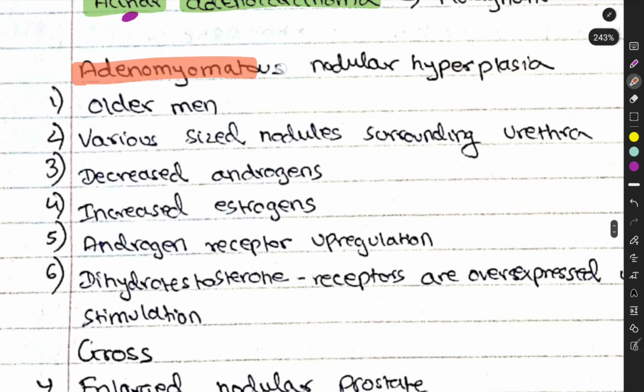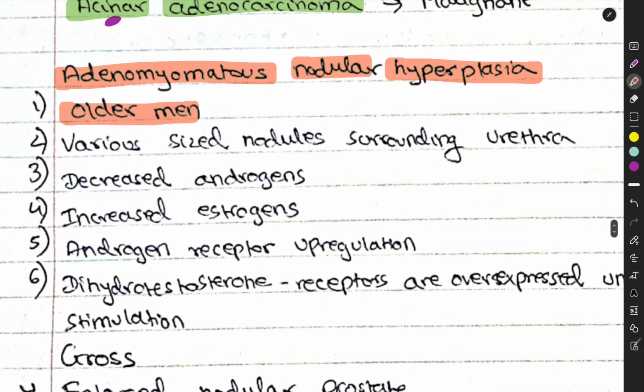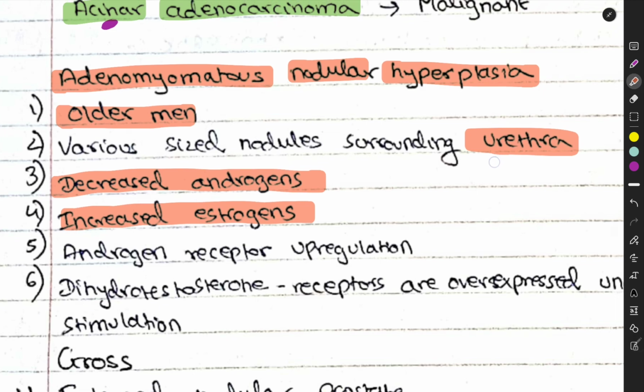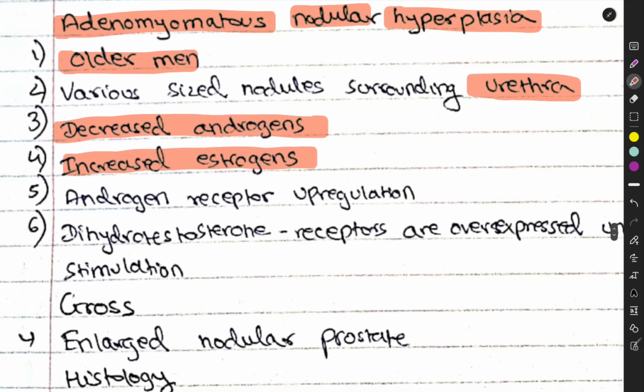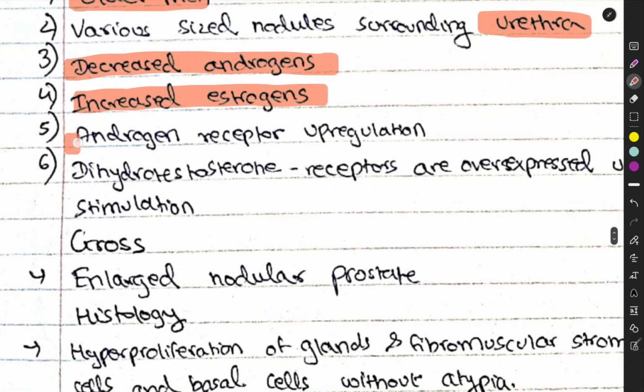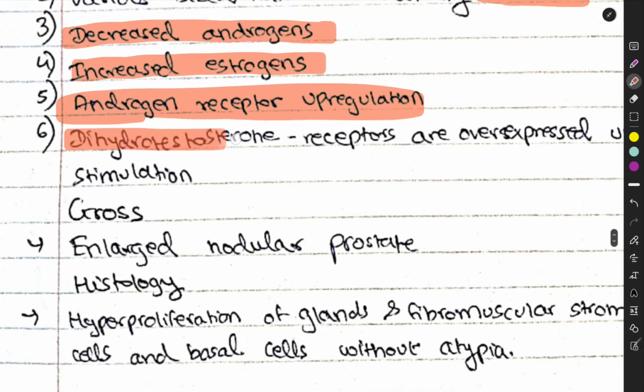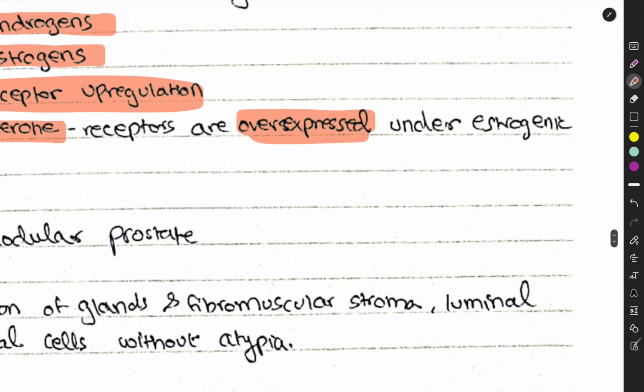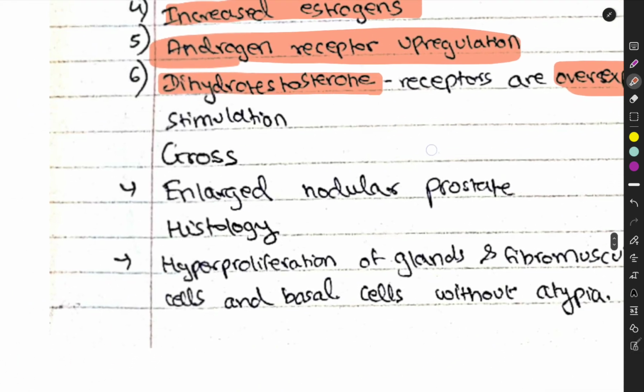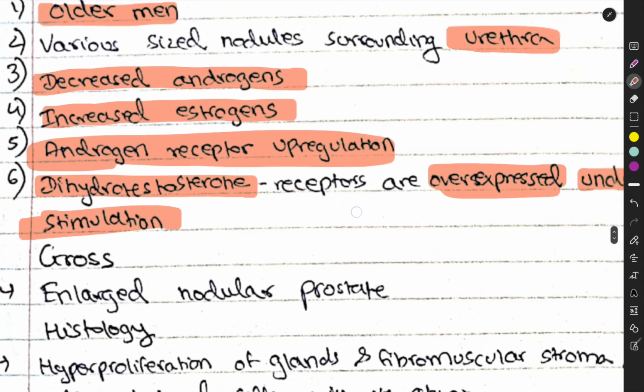Okay, now adenomatous nodular hyperplasia is mainly seen in older men, various sizes of nodules surrounding the urethra, and you have decreased androgens, increased estrogens in them. Androgen receptors have been upregulated, and dihydrotestosterone receptors are overexpressed under estrogenic stimulation.